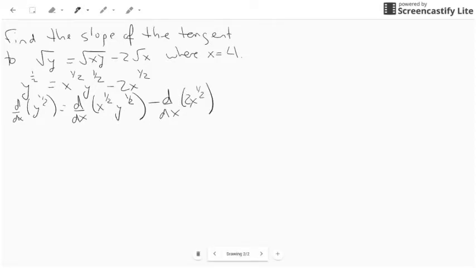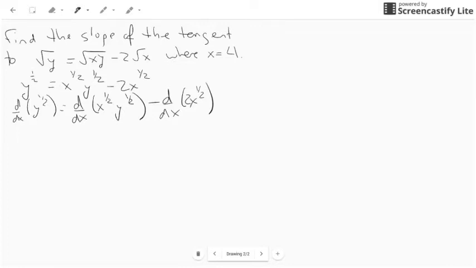Remember, all that d by dx is doing is saying take the derivative. Now, on the left-hand side, I've got y to the 1/2. And again, I'm going to keep saying this: I don't know specifically what function y is referring to, but I know that it is a function, some relationship on x.